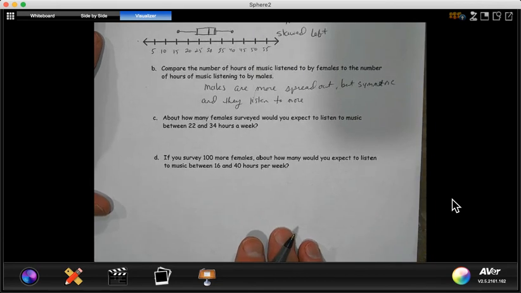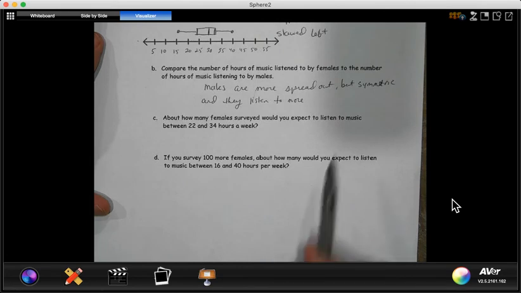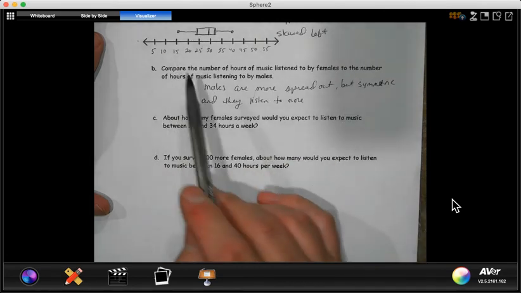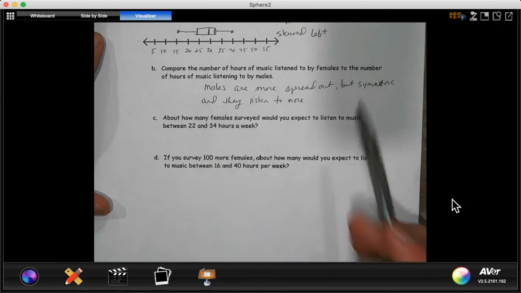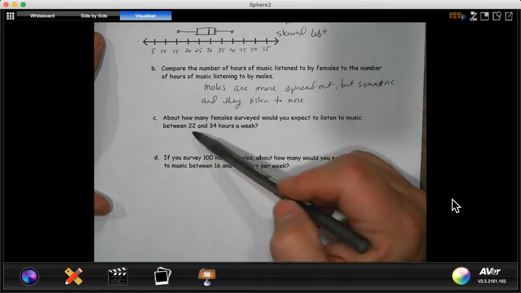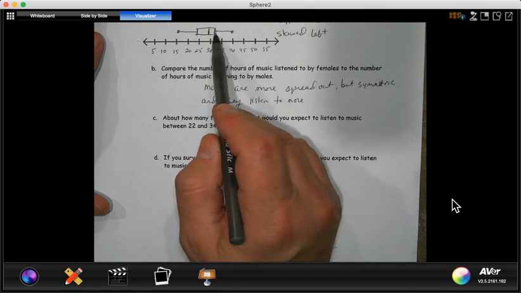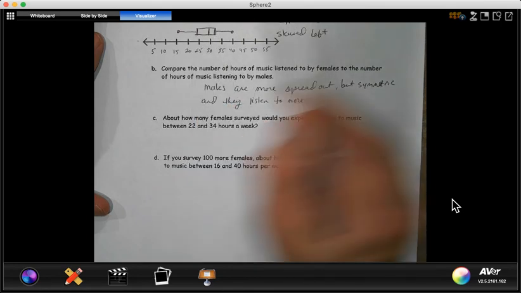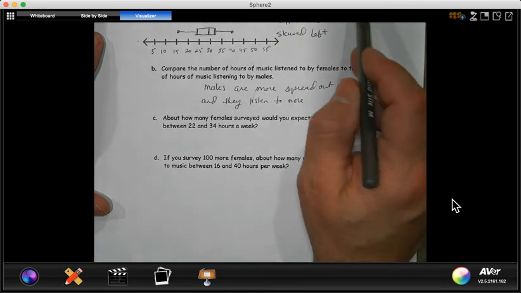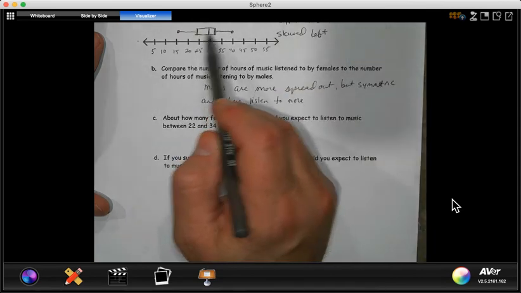About how many females surveyed would you expect to listen to music between 22 and 34 hours a week? So this is where we're really analyzing box and whiskers plots now. I like that. So females between 32 and 24. So from 32 to 24 for the females would be 50% of the data.